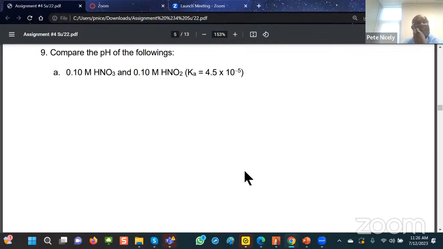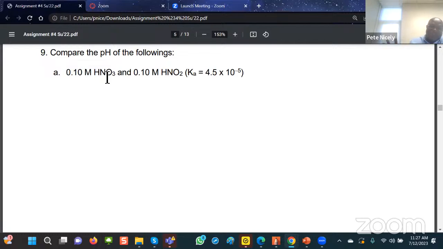Okay, so the question is asking you to compare the pH of the following. Basically, you're to calculate the pH of each of them and compare which one is greater or lesser. I can tell you straight off the bat that in the case of A, where you have 0.10 M nitric acid, which is a strong acid, and 0.10 M nitrous acid, which is a weak acid, the pH of the nitric acid is going to be lower for the same molarity, right?